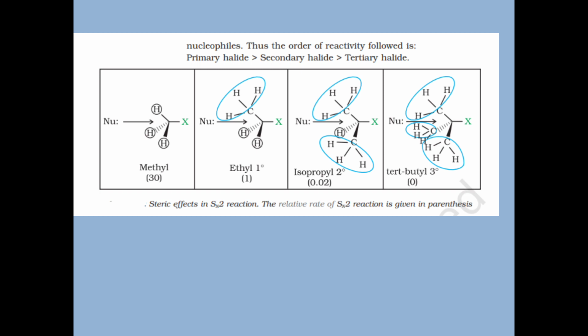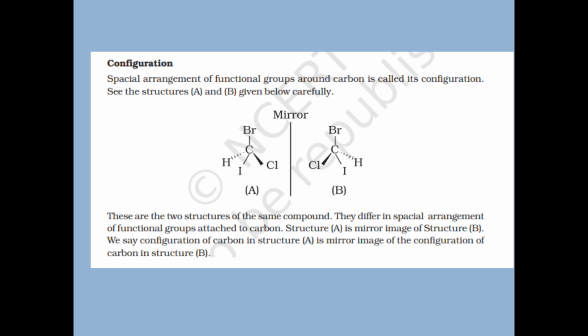So the order of reactivity for SN2 is primary halide greater than secondary halide greater than tertiary halide.